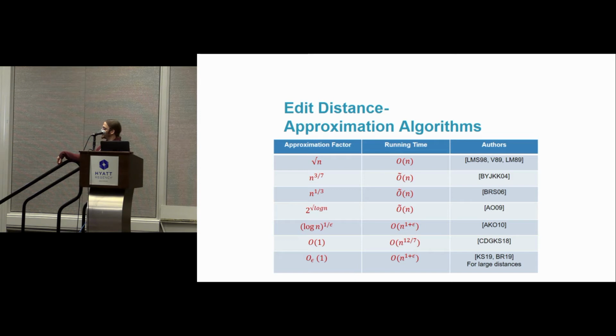The very recent results provide order of 1 approximation in subquadratic time. And if you can afford a not-so-good constant approximation, then we can also do it in near linear time.